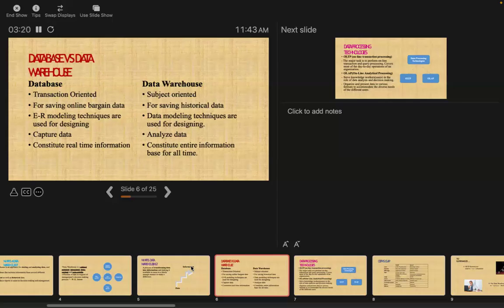We have deleted the data, that is a transaction. Like if we go to the ATM and withdraw some money, what will happen? The balance of the savings account will be debited. That itself is a transaction.